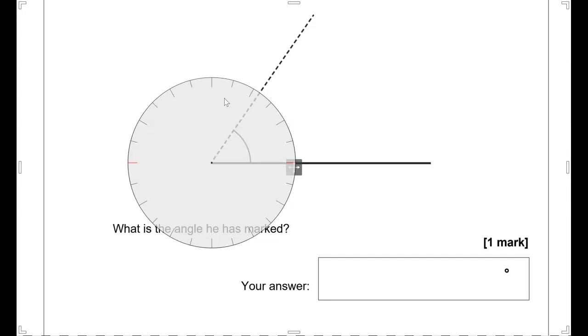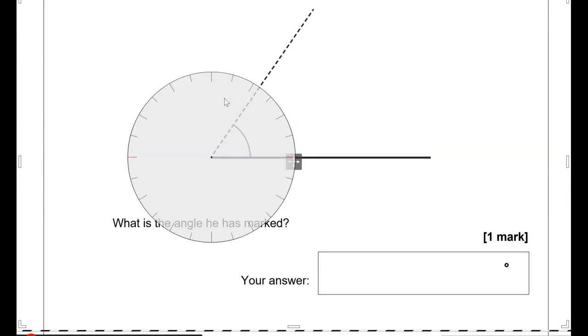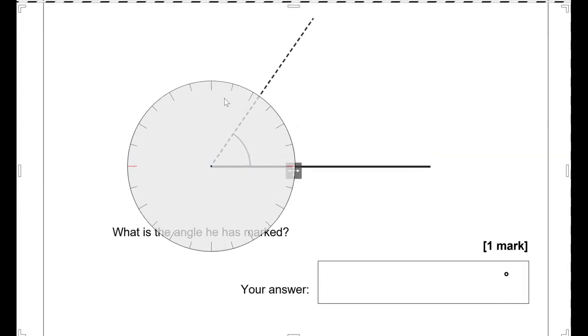With a normal protractor, you'd start from 0. This is slightly different. So about 55 degrees.